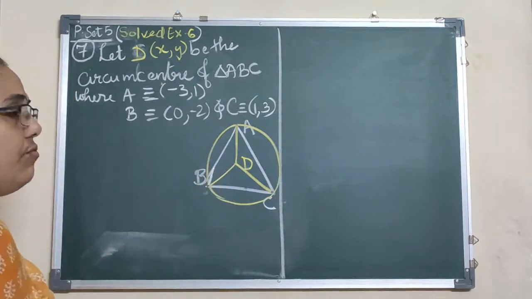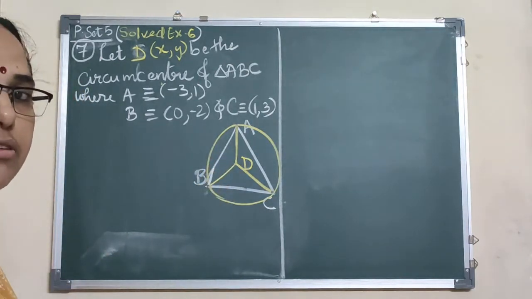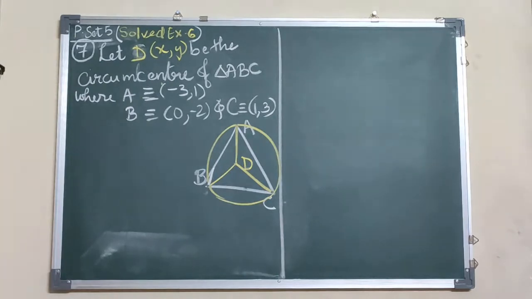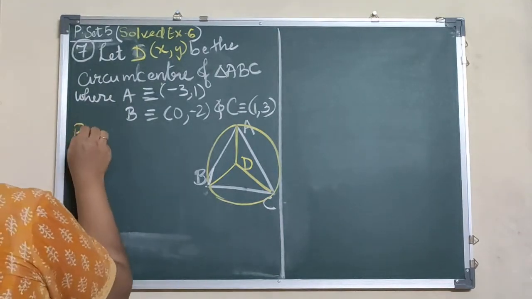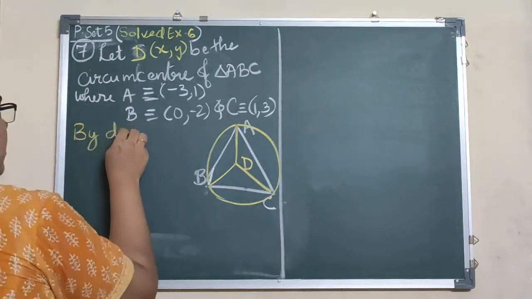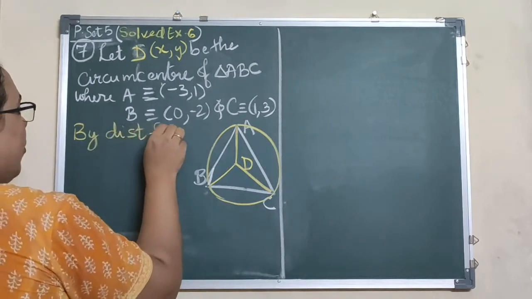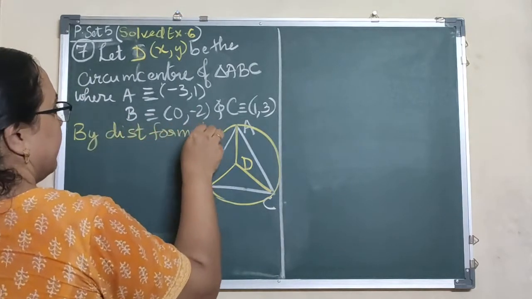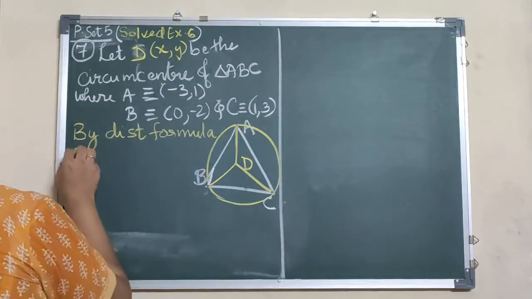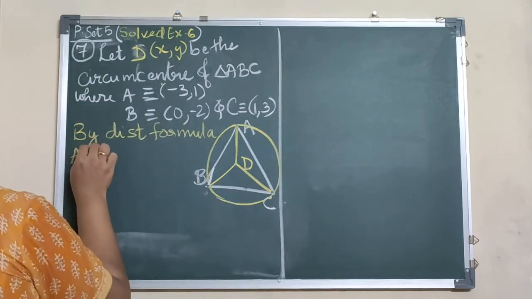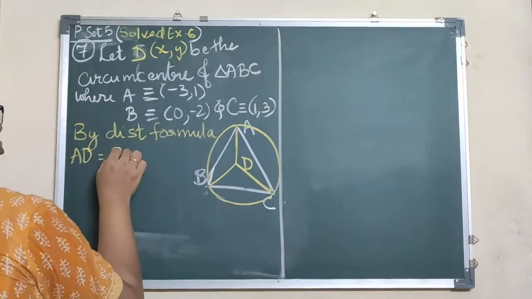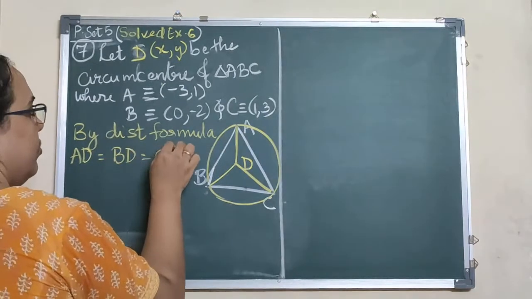And that means we have to find the distance AD, the distance BD, and the distance CD by using the distance formula. AD equals BD equals CD.